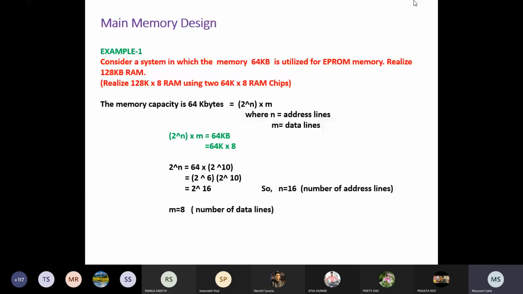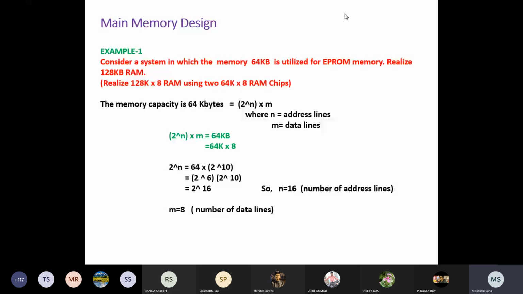This is the size of your memory. 2 to the power n is the number of address lines, and each address can store m-bit data. So 2 to the power n into m is the amount of data it can store. I have given 64KB, which is written as 64K into 8, B for byte, that's why 8 bits. Now the first part represents the address lines, 2 to the power n, so 2 to the power n equals 64K.